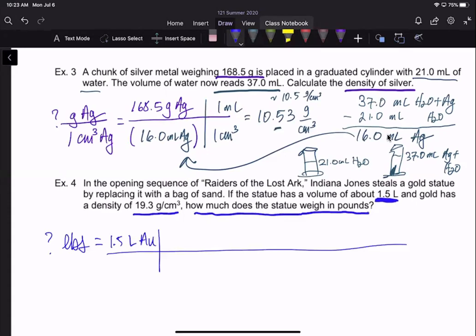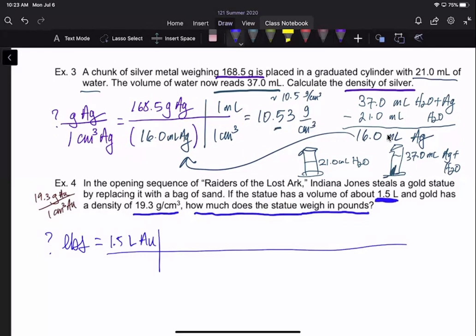So how can we get rid of that volume? We might want to draw, just as an aside, we might want to write this density as a factor. So we have 19.3 grams of gold in 1 centimeter cubed of gold, and that's a volume right there. So I'm going to go ahead and put it in there.